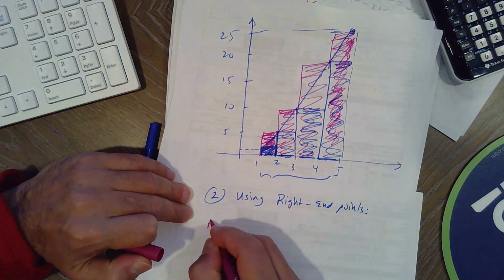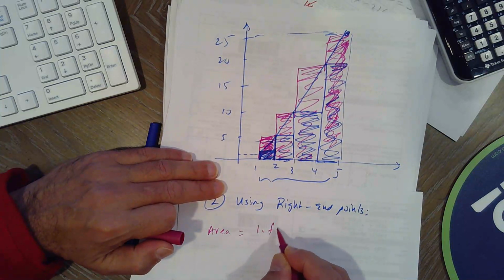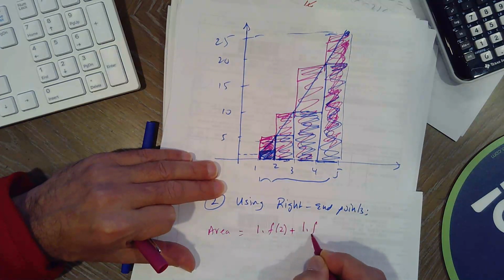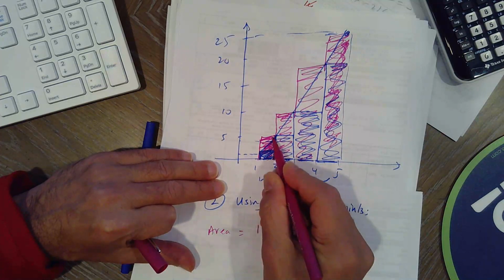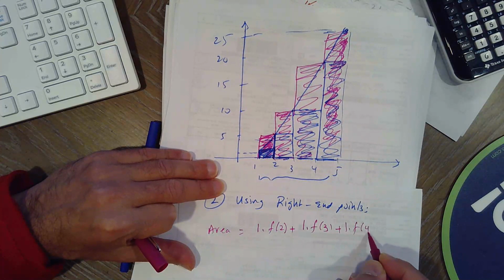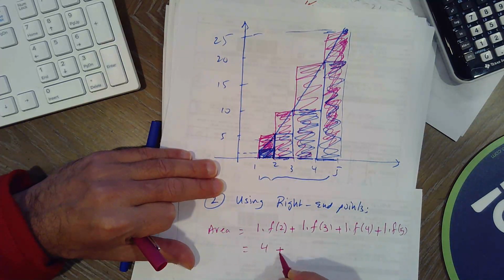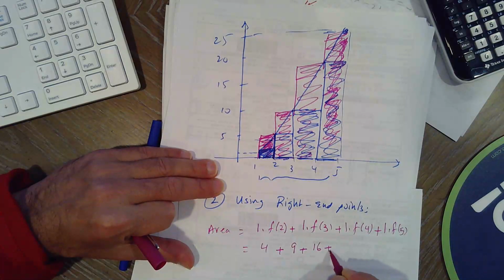So the area is 1 times f of 2 plus 1 times f of 3 plus 1 times f of 4 plus 1 times f of 5. F of 2 is 4, that's 9, 16, 25, 54 square units.